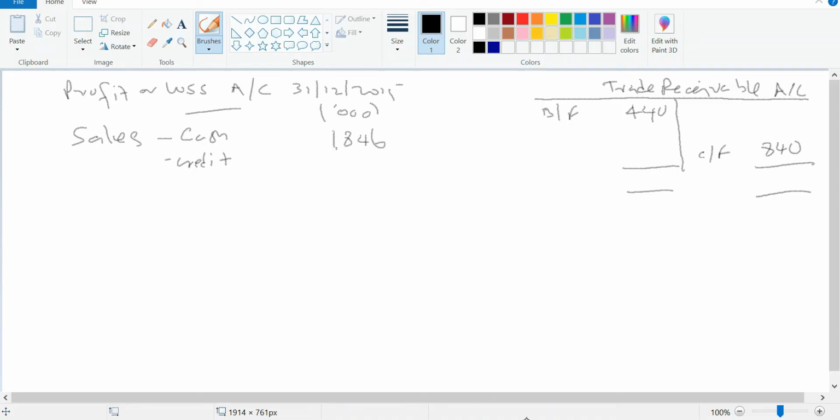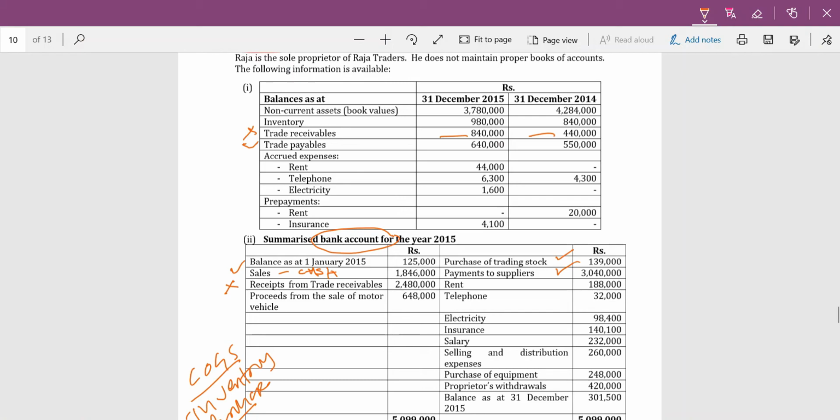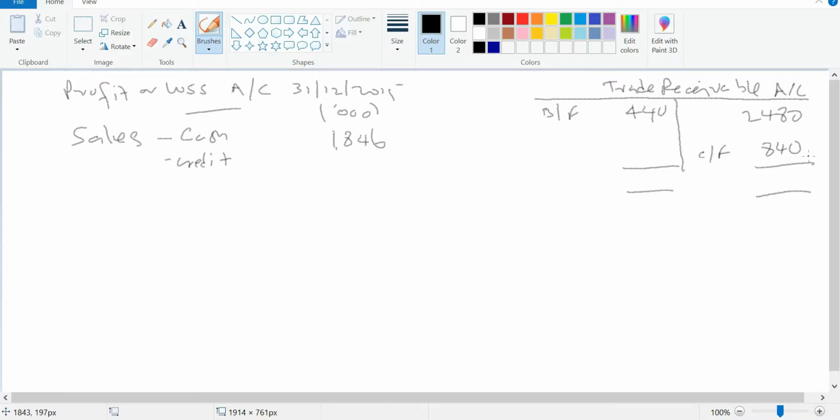So you have received 2,480,000: bank account debit, credit trade receivable 2,480,000. So how much is the balance? 3,320 minus, if you use your calculator, minus 440, so it will be 2,880 sales.